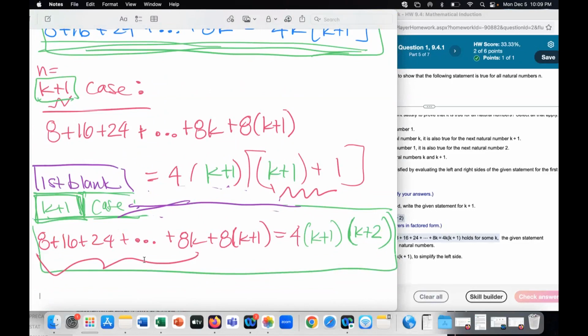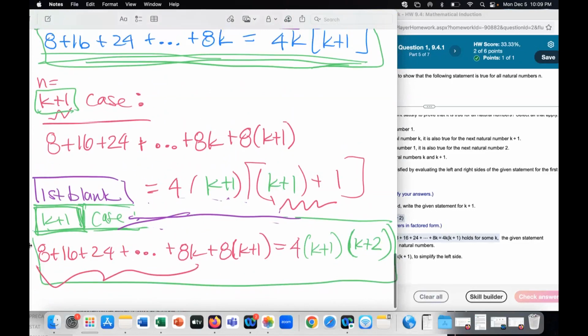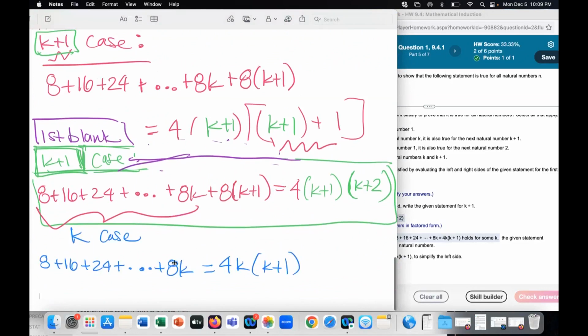So these numbers, this first part right here, is the same as this, right? That's my k case. So I know that these numbers are the same as 4k times k plus 1. So what I'm going to do is replace it with 4 times k times k plus 1.